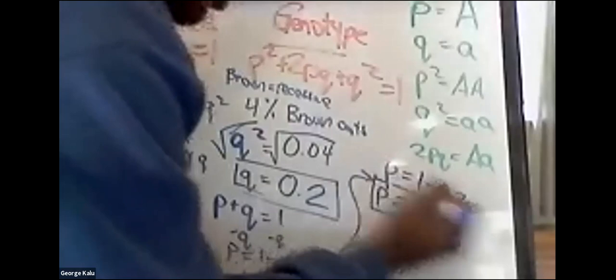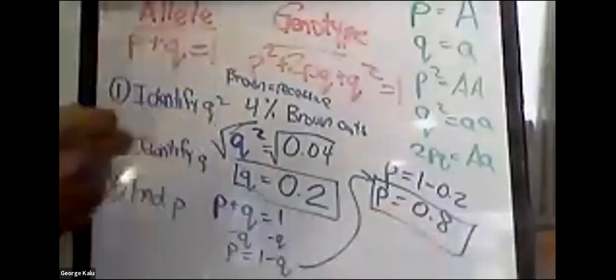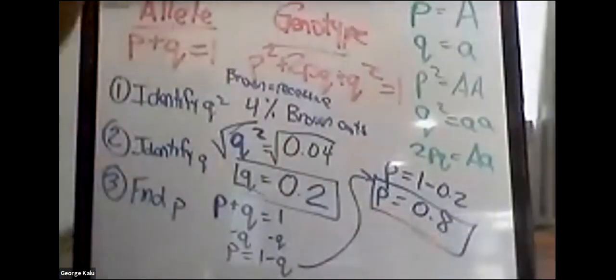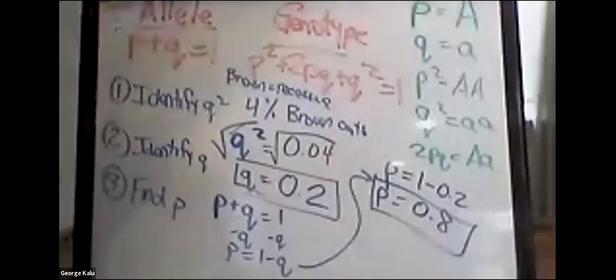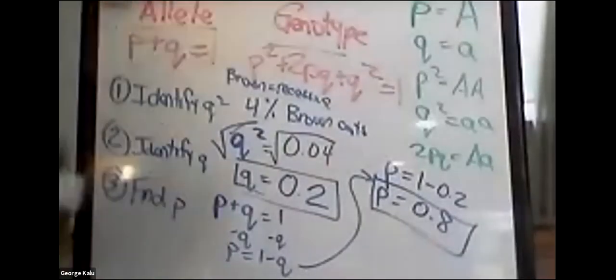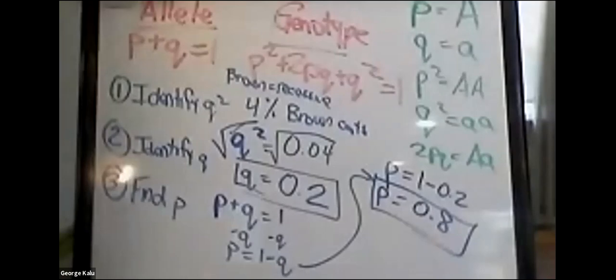So that's the third one that we were able to find. P equals 0.8. Now, based off our information, what's the next easiest one for us to find? What's the next easiest variable to identify here?